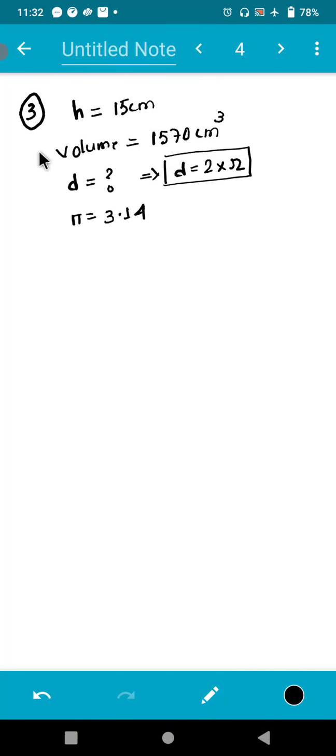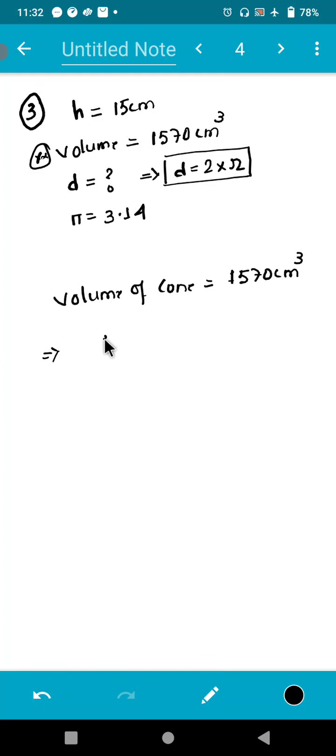So for that we will use this section. We will again write it down, that volume of cone is equals to 1570 centimeter cube. Now what is the volume of a cone formula? The formula is 1 by 3 pi r square h is equals to 1570, because this formula is also volume of a cone only, isn't it?